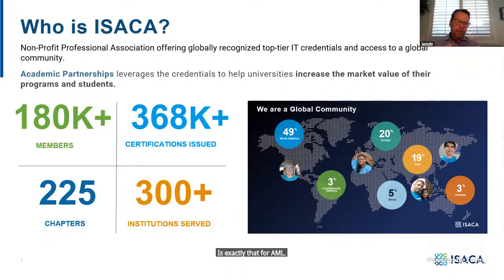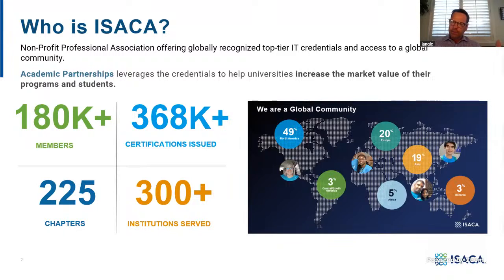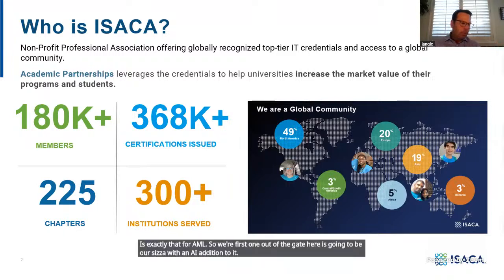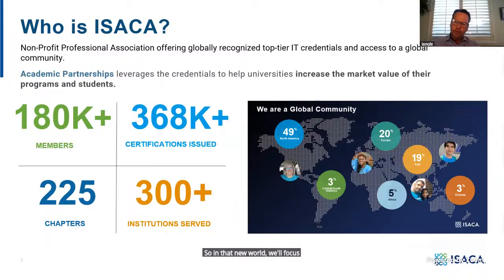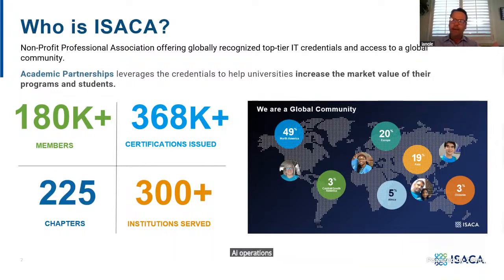So the first one out of the gate is going to be our CISA, with an AI addition to it. In that new world, we'll focus on 3 domain areas within AI. One will be AI governance and risks, AI operations, and the third will be AI auditing tools.